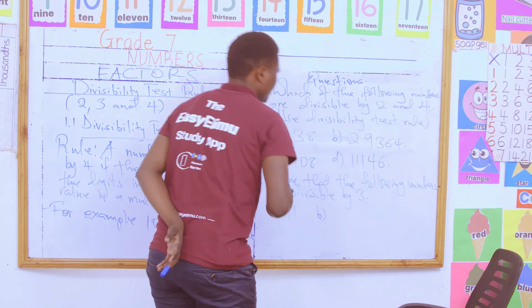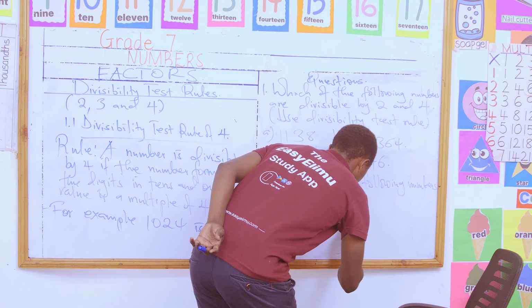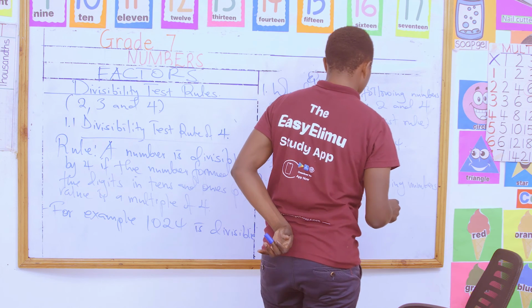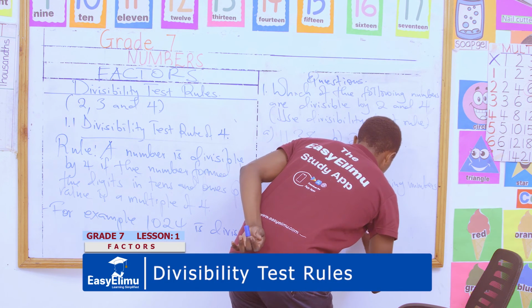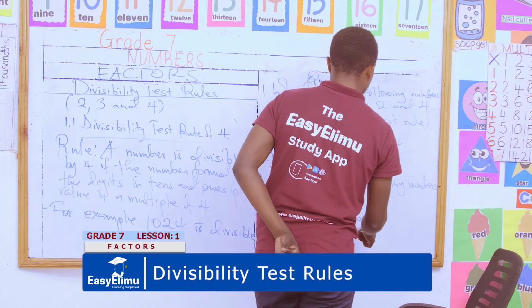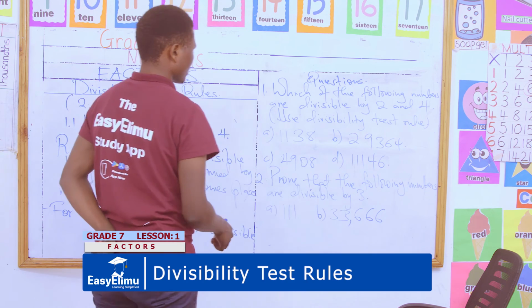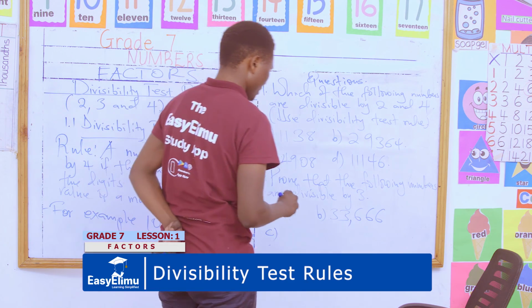Part B, we have 33,000 and 666, that's 3,666.